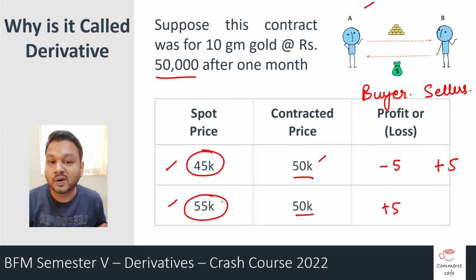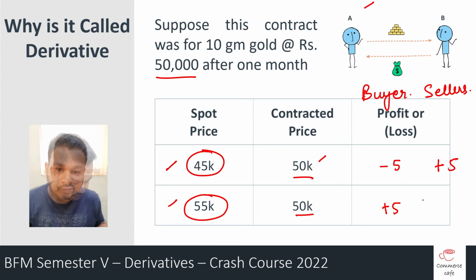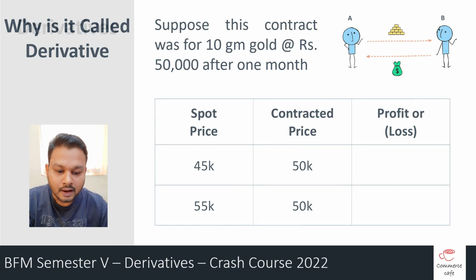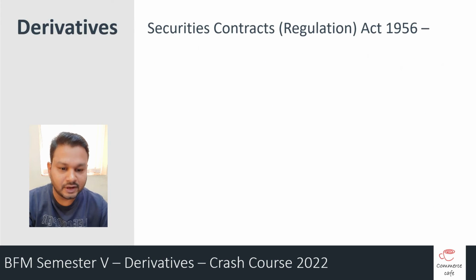And if the prices were 55,000, then what he can sell in the market for 55,000, he's forced to sell to you for only 50,000, at a discount of 5,000. Why? Because you entered into a futures contract. So in this case, the seller will make a loss of 5,000. So you can clearly see that the value of this contract depends upon the gold prices. Therefore, this is called a derivative contract because the value is derived from prices of gold, and gold is the underlying asset. Let us look at some formal definitions.